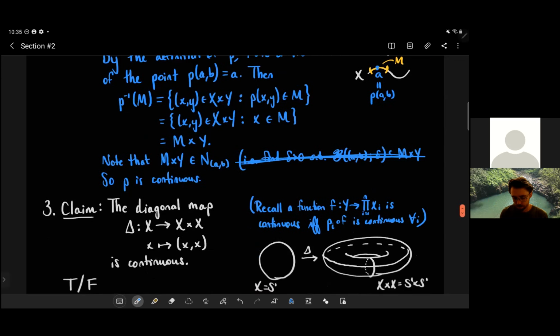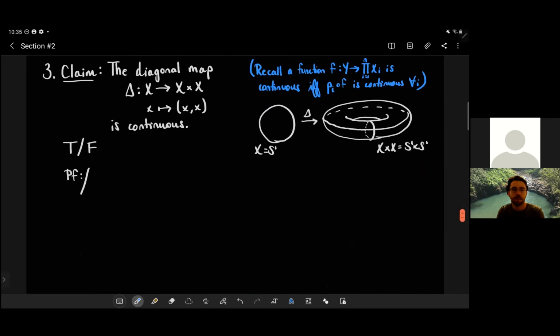Okay, so next one is something involving the diagonal map. This is a fairly common proof that you see in intro topology, but we've established some other theorems that can help us prove this in a pretty quick way, actually. But mostly I want to show this because we haven't seen the diagonal map yet, and it's relatively important.